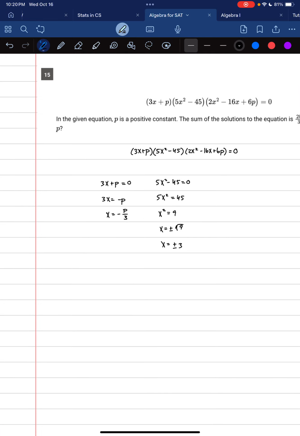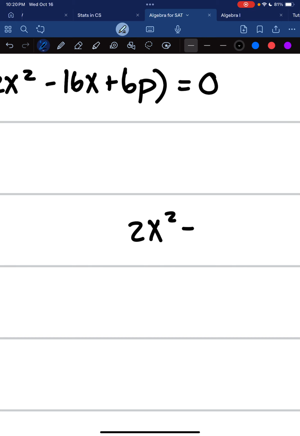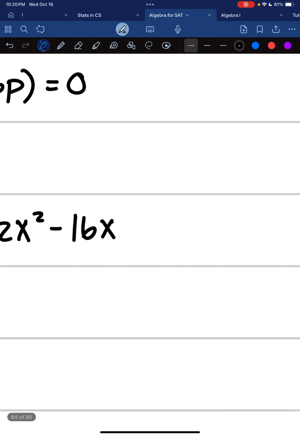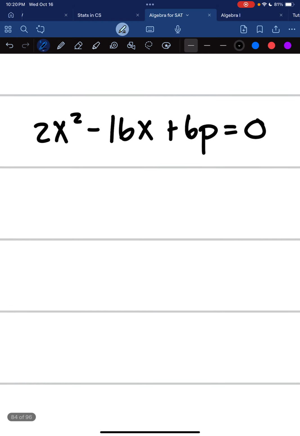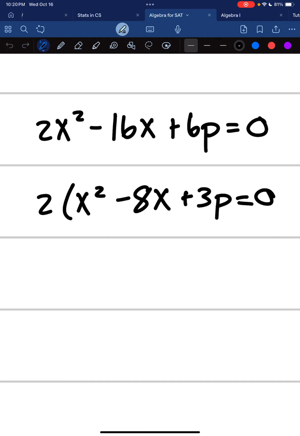So then those are our next two solutions. And then finally we have 2x squared minus 16x plus 6p equals 0. So why don't we go ahead and factor 2 from all these terms, and we get x squared minus 8x plus 3p equals 0.